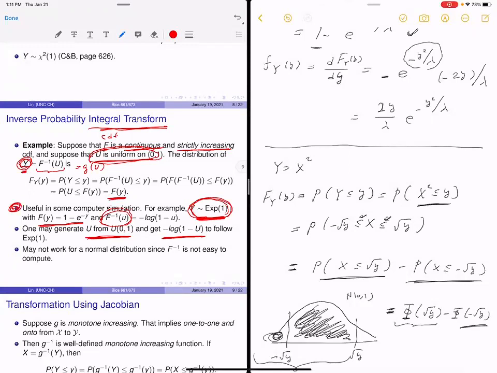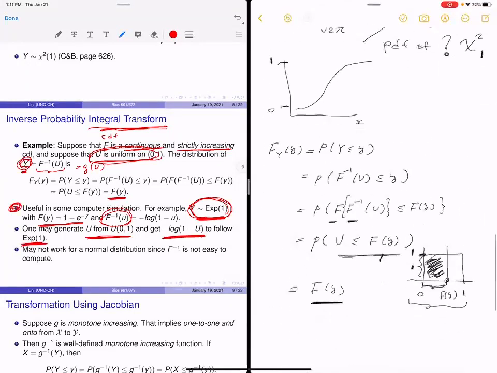Okay, good. So in plain words, as long as I can generate u from uniform 0, 1 and find the inverse function, then by mathematical proof I can show that the new random variable y is going to follow exponential 1.